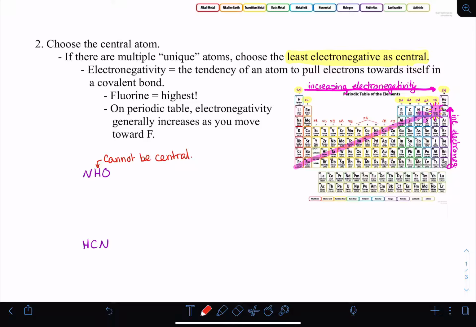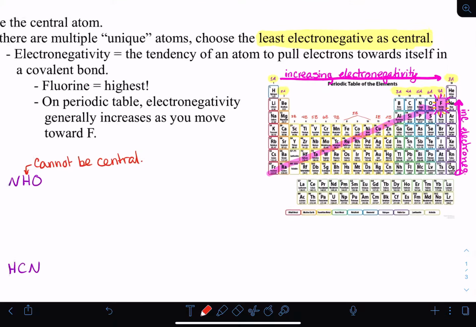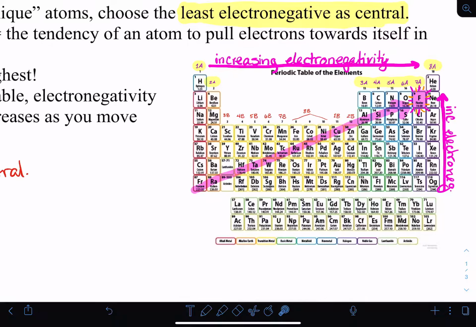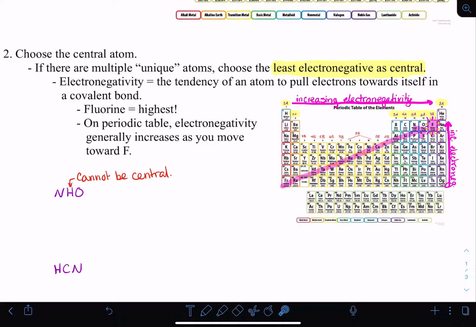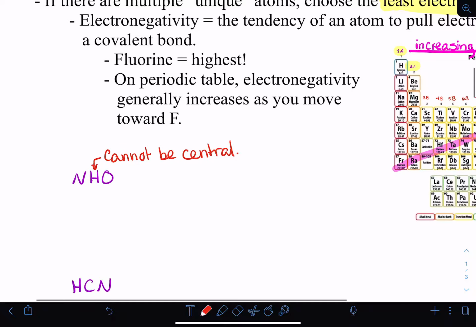So we're really comparing nitrogen and oxygen, and we want to compare their electronegativities. Nitrogen and oxygen are right next to each other on the periodic table. Oxygen is farther to the right, or closer to fluorine, which means it's going to have a higher electronegativity.